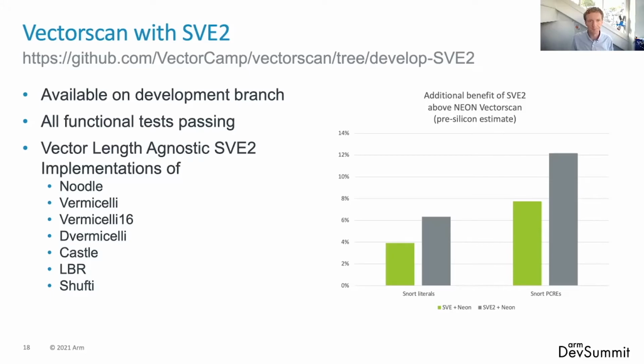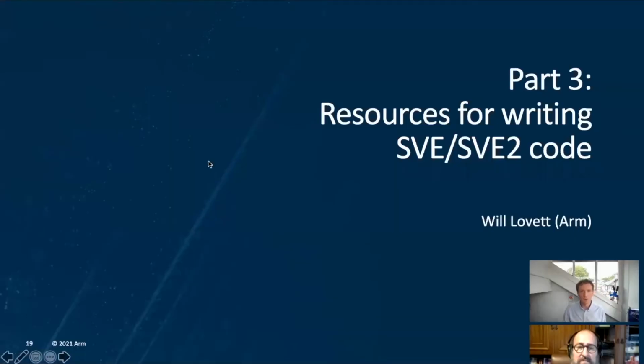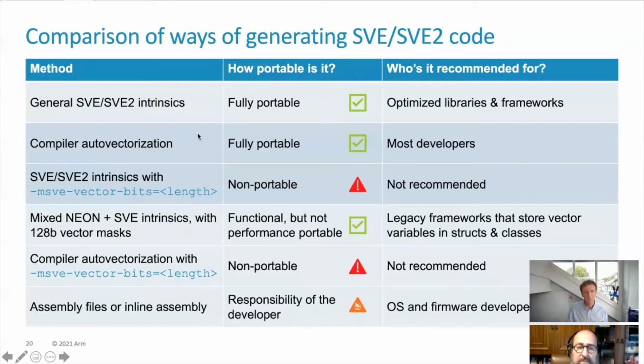So for the final part of this talk, I'd like to provide some advice when porting your code to SVE2 to ensure that your code is portable across different implementations, as we've seen here for Vectorscan. So this table compares the options you have for generating SVE2 code. Firstly, you can use the ARM C Language Extension for SVE, as we did with Vectorscan.